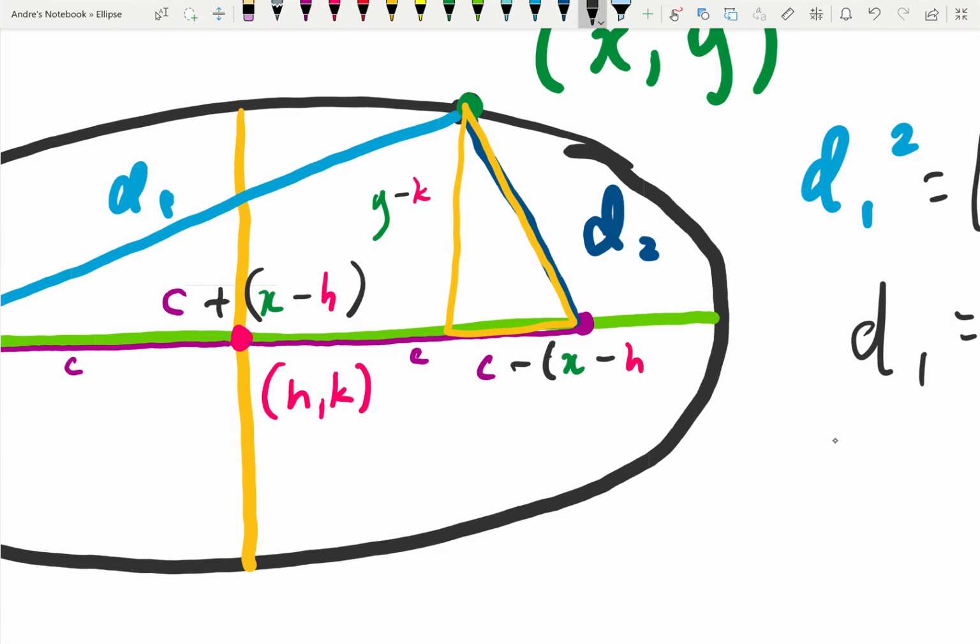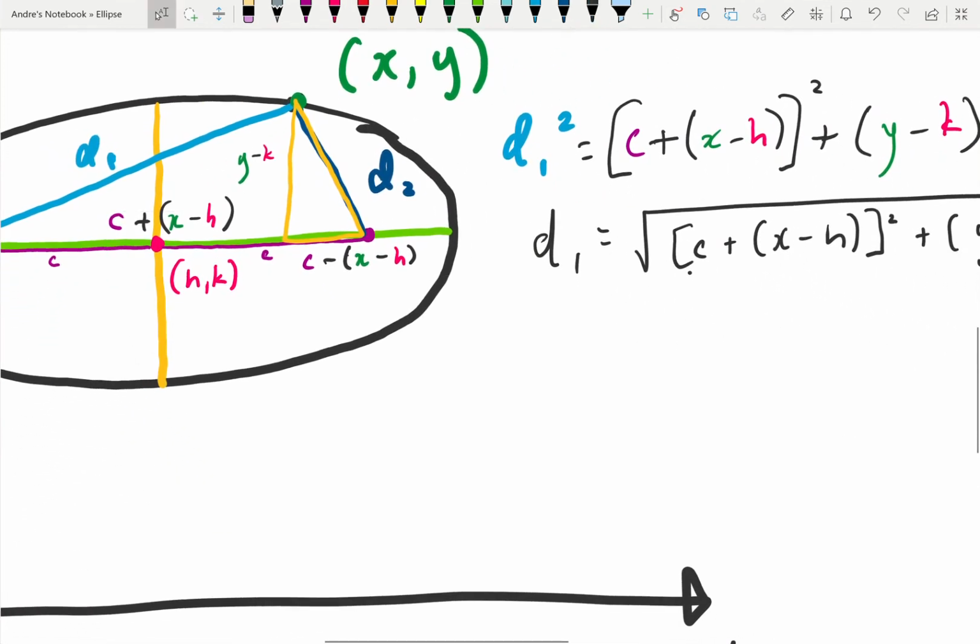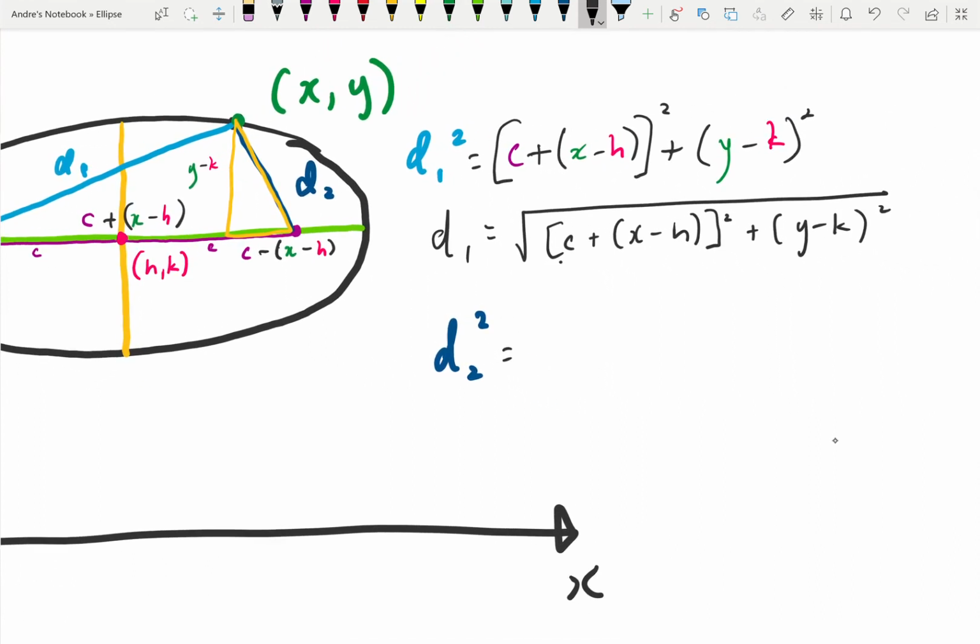And again, we do the same type of thing. We are using Pythagoras' theorem to see that d2 squared is going to be equal to (c minus (x minus h)) all squared, plus the length of the vertical side squared, so plus (y minus k) squared.